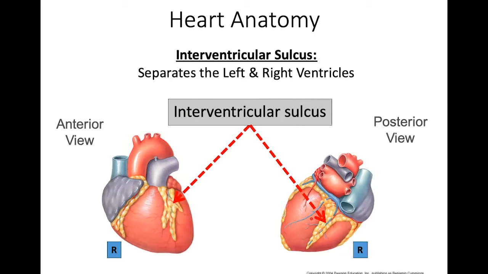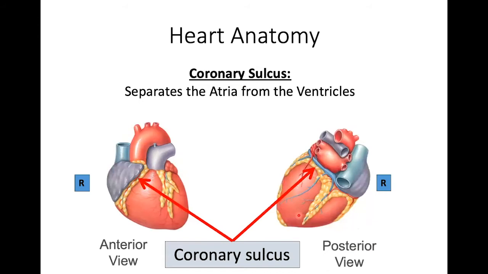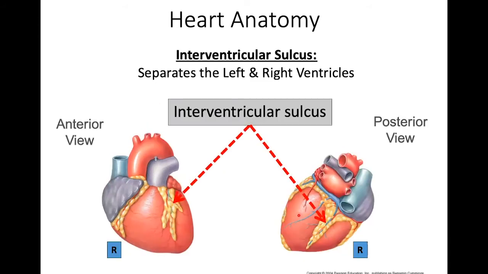And here we're looking from a posterior view, so the interventricular sulcus is separating the right ventricle from the left ventricle. So the coronary sulcus separates atria from ventricles, and the interventricular sulcus separates the left from the right ventricles. And remember, these are external landmarks on the heart.